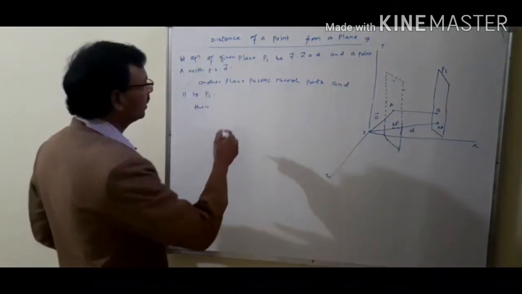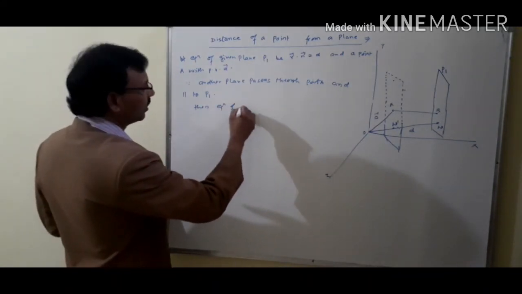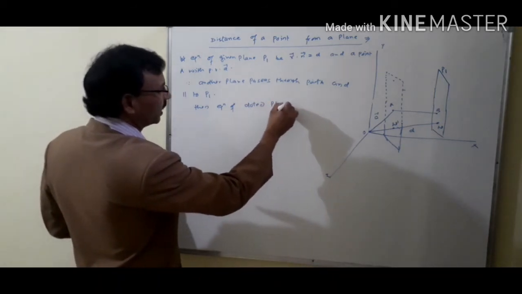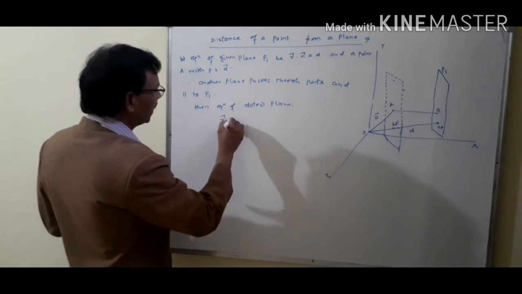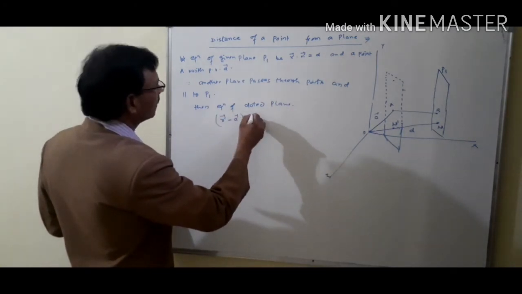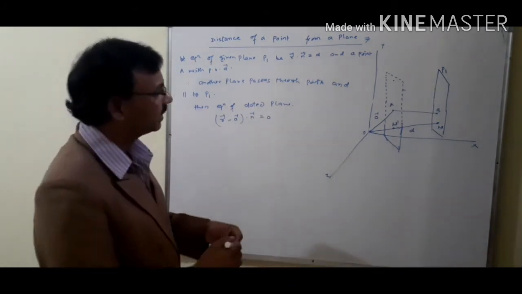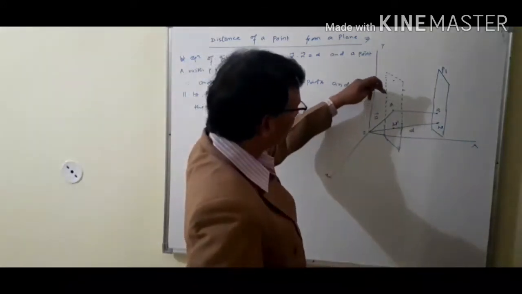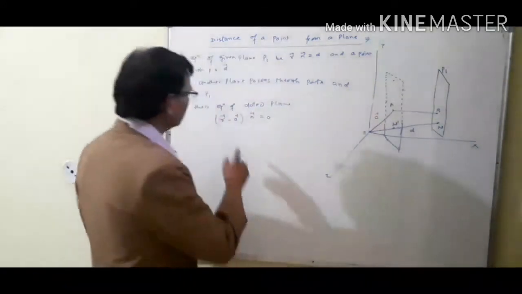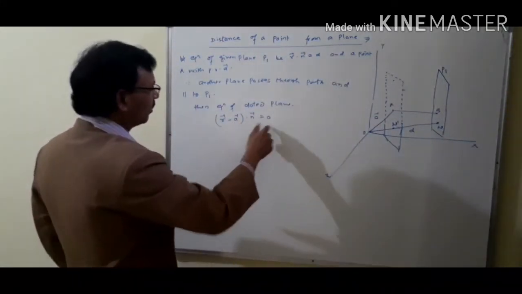Then the equation of the dotted plane will be R minus A dot N equal to 0. R minus A means this plane passes through the point A whose position vector is small a. So the equation of this dotted plane will be R minus A dot N equal to 0.